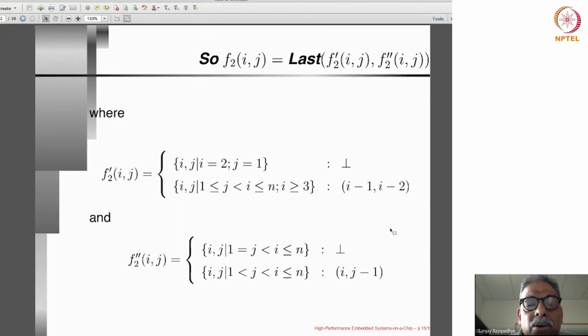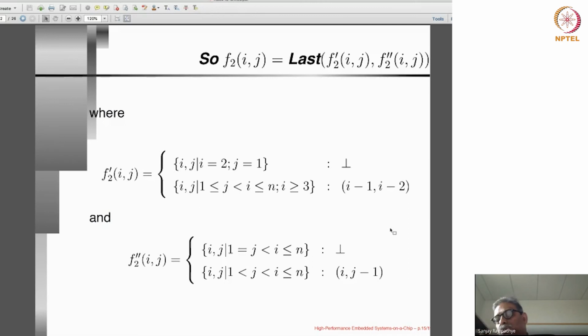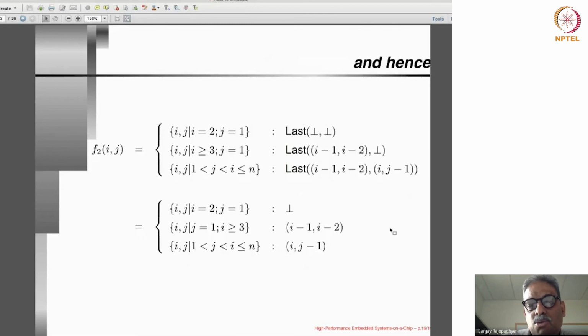Then you combine them, because this is over two disjoint unions, and therefore you take the last of these two, and so on. Everything that I said about the properties in the machinery before is going to be useful. And eventually, this is what F2 simplifies to.